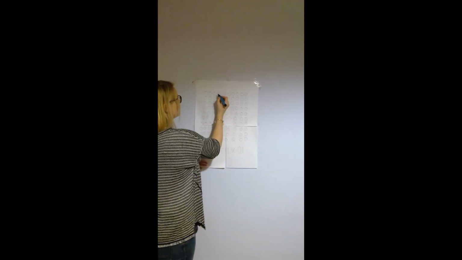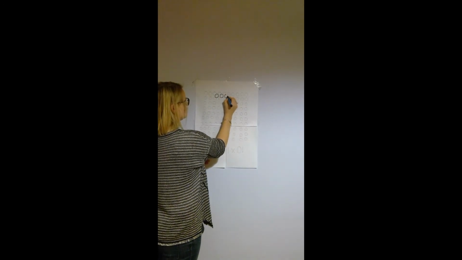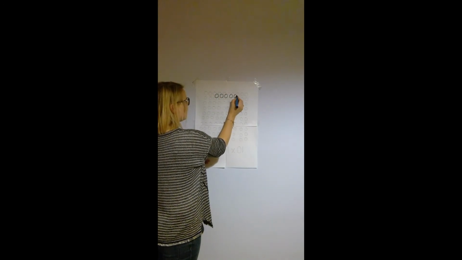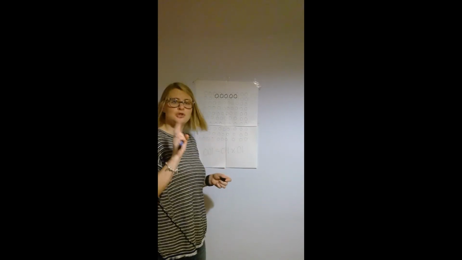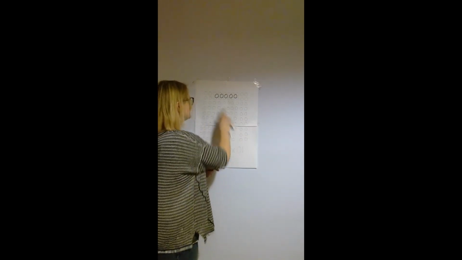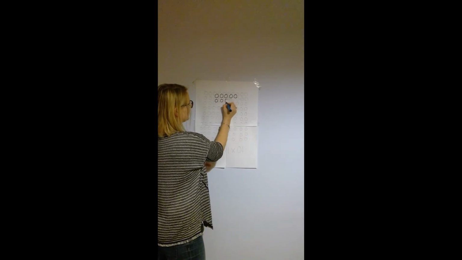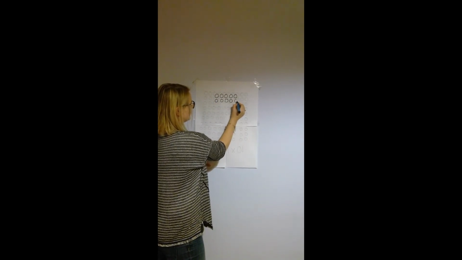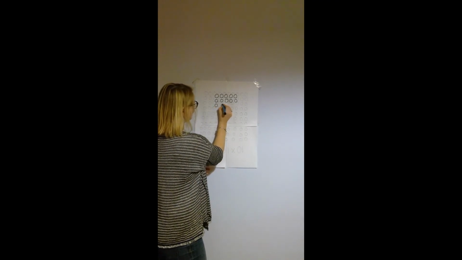I'm going to draw my first one. 1, 2, 3, 4, 5. So that's my first group of 5 for my first foot. But I know I need to work it out for 3 feet, so I'm going to have to draw 2 more groups of 5. There's my first group. Here's my second group of 5. And here is my last group of 5.